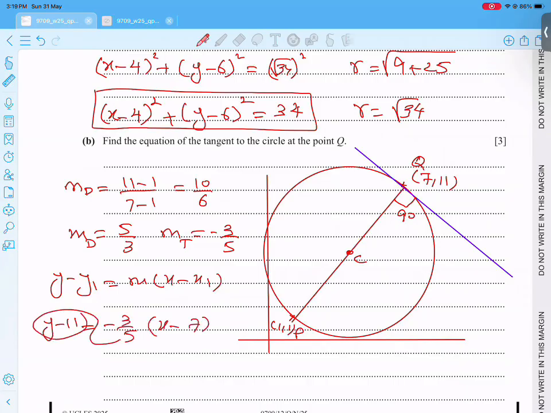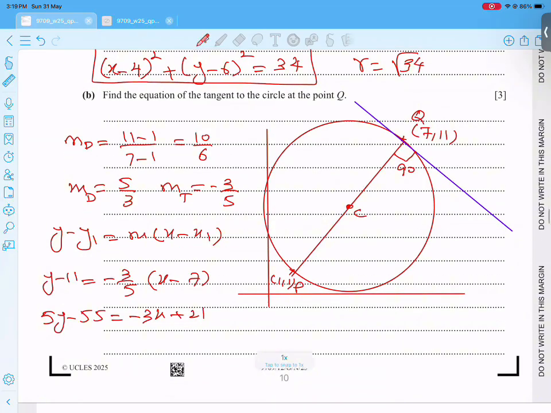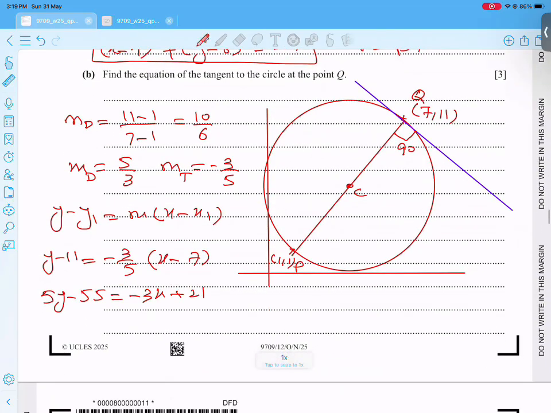Multiplying by 5, I get 5y minus 55 equals negative 3x plus 21. Finally, I got 5y equals negative 3x plus 76. Let me check once again. Correct. So this is the equation of the tangent.